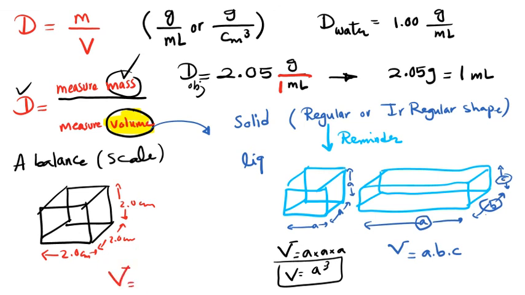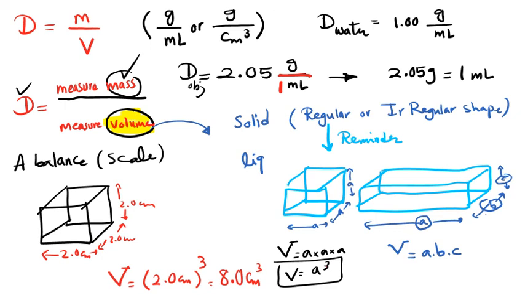Volume is 2.0 centimeter, and I have to use cube. Right now, you just need to use your calculator to get the answer. So let me write this answer here. 2.0 cube means 8.0 centimeter cube.